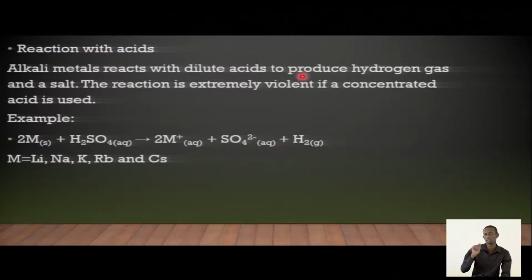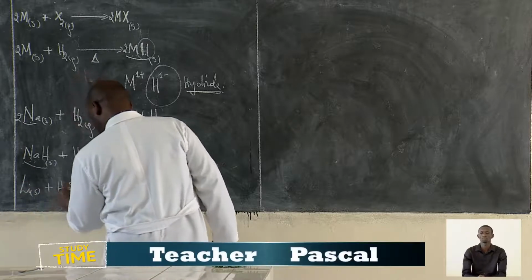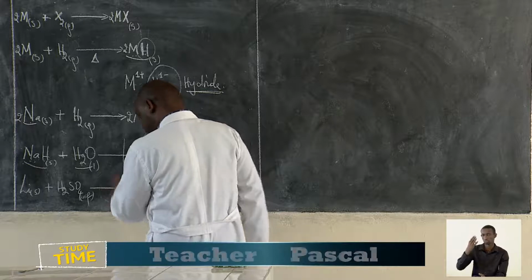So they react with dilute acids to produce hydrogen gas and a salt. The single displacement reaction, here we have M reacting with aqueous sulfuric acid to produce a metal sulfate and hydrogen gas. So if we use lithium reacting with H2SO4 aqueous, what will be the product?